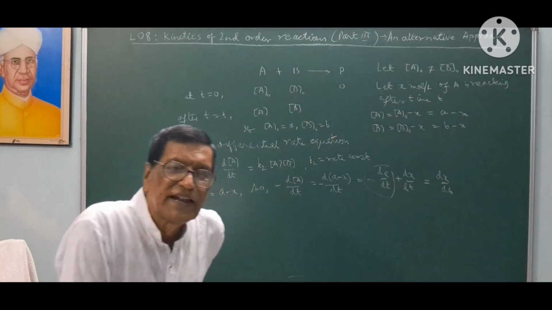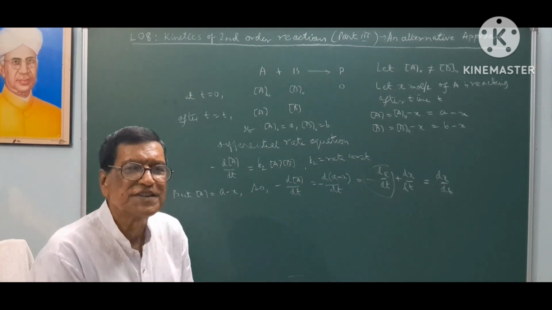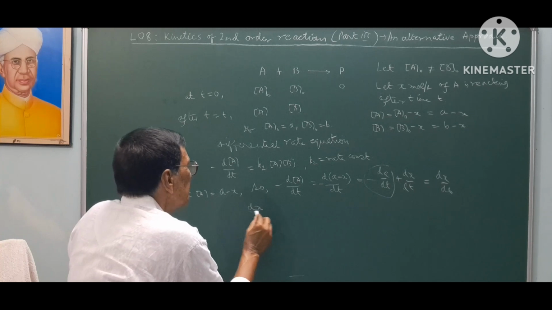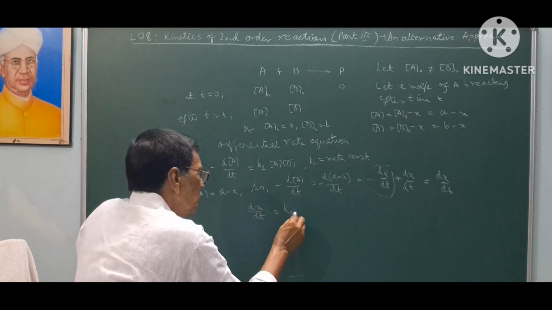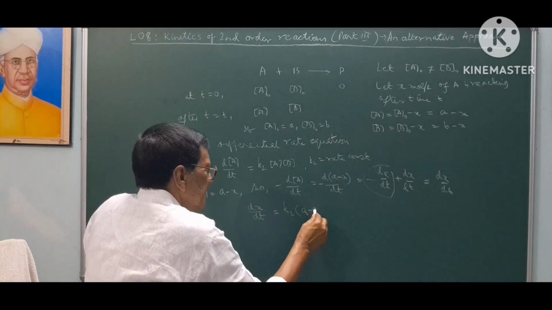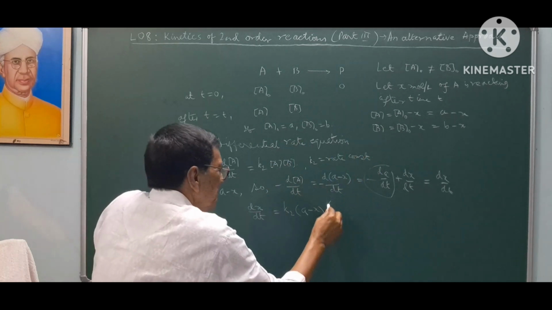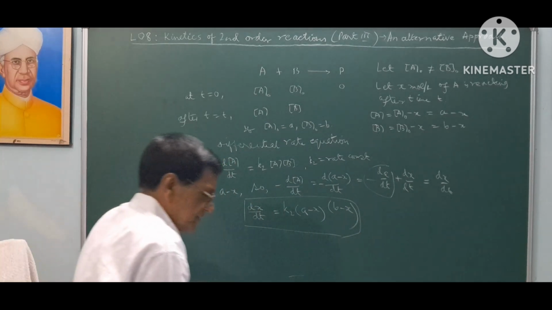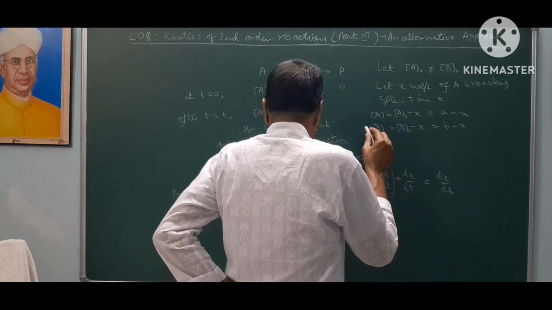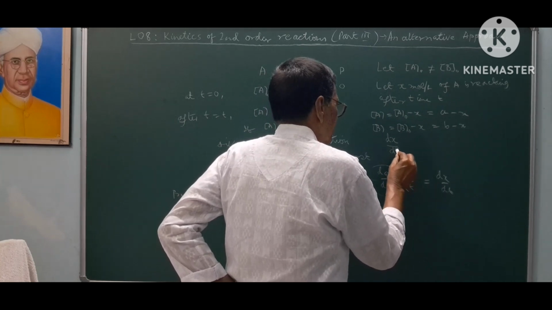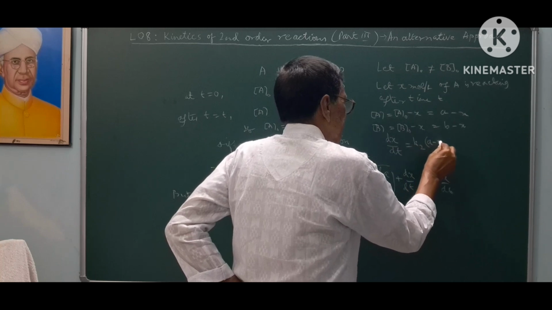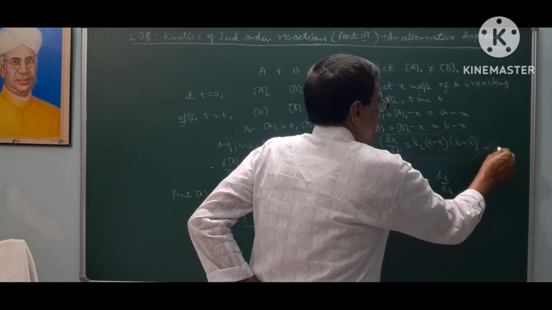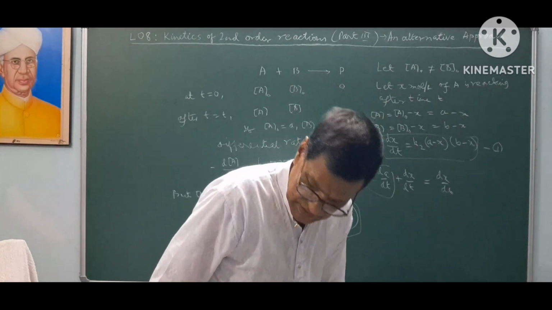A is the initial concentration and will not vary with time. So the differential rate of this reaction we can write as dx/dt equal to k2 into (A minus x) into (B minus x). This is the differential form of the rate equation in terms of A, B and x. This is equation 1.